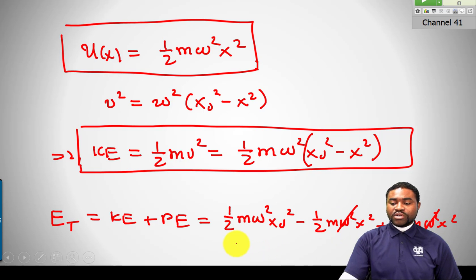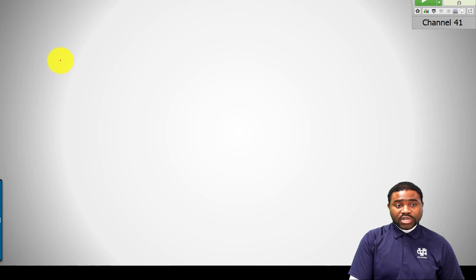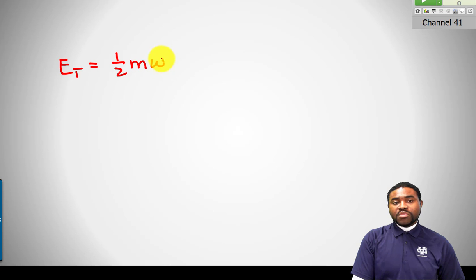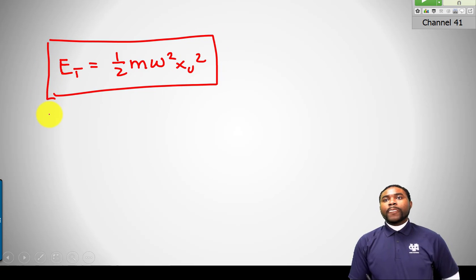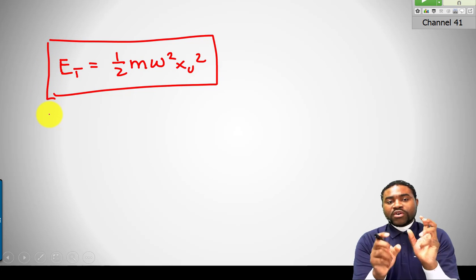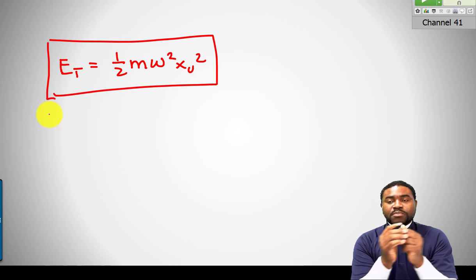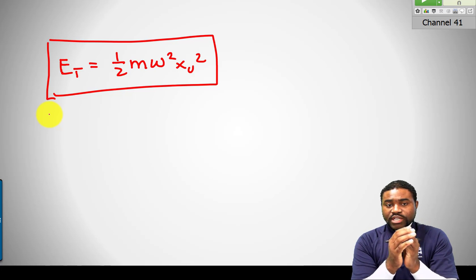This takes care of each other and implies that the total energy of a particle undergoing simple harmonic motion is 1/2 m omega squared x naught squared. Now the thing that I want you to take home here is, if you look at that expression, the total energy is constant.